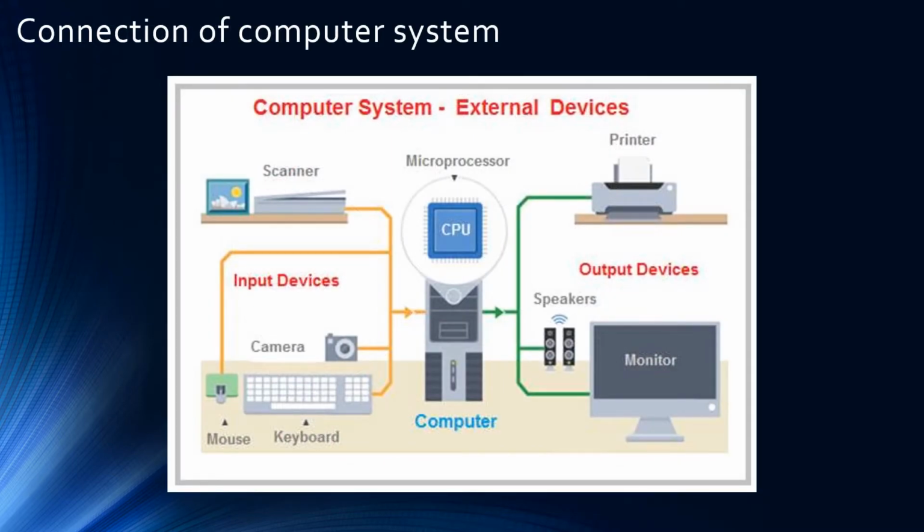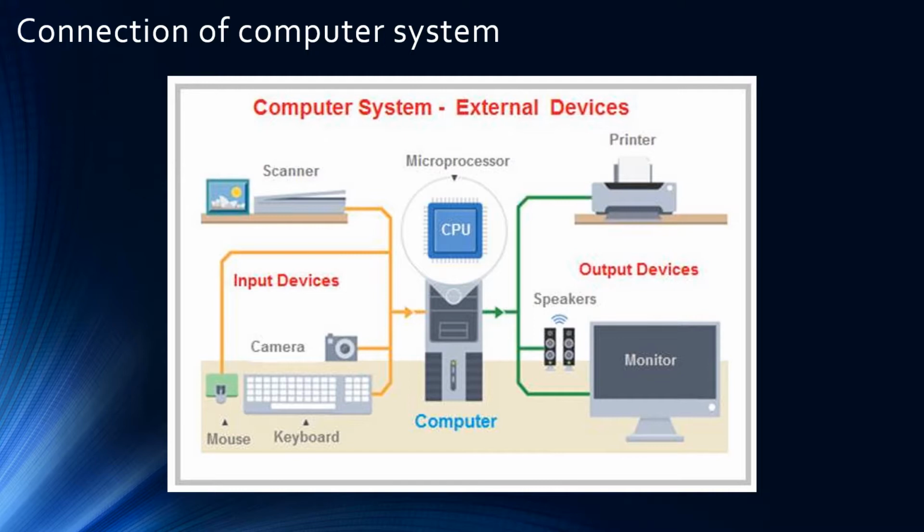As a block diagram, I can explain the computer system like this. The main part is the computer. There is a CPU inside the computer. However, the computer cannot work alone.